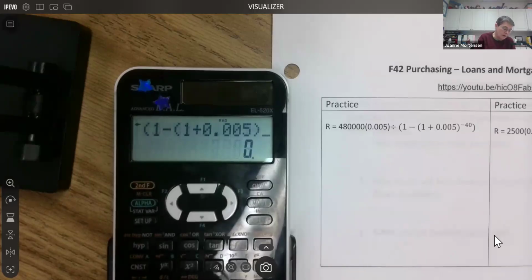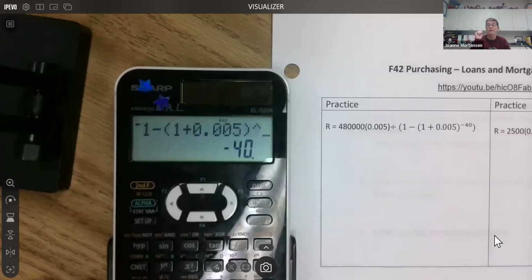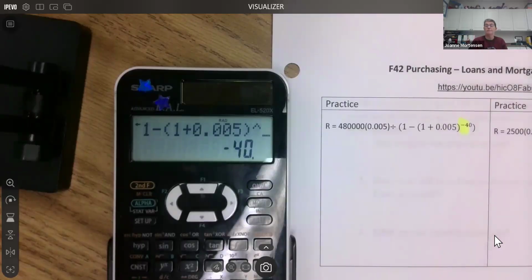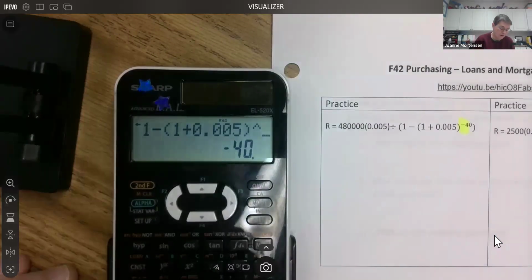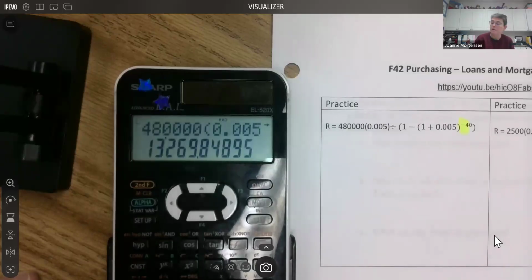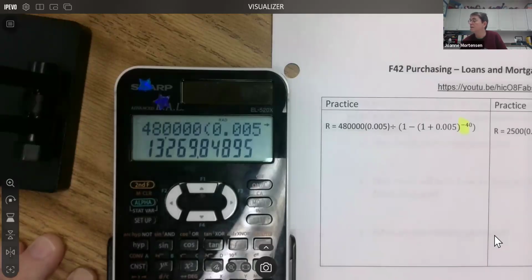Close that. I need an exponent. I need it to be 40, and I need it to be negative. Remember that. That's the place where students screw up. And I close my bracket, and I go boop. And we get an answer of, yep.